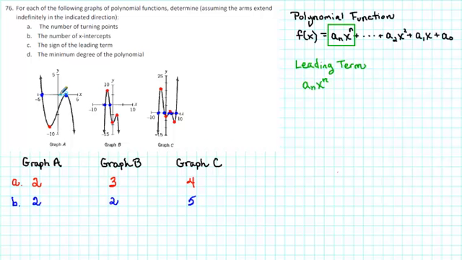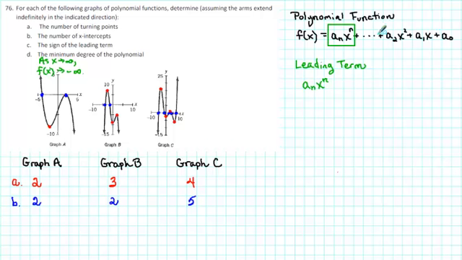For graph A, we see that as x increases without bound, the function decreases without bound. Therefore, as x goes to infinity, f of x goes to minus infinity. Now let's think about what happens as x goes to infinity in our equation.